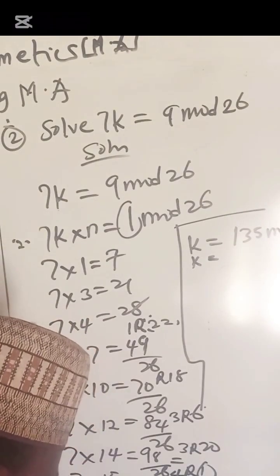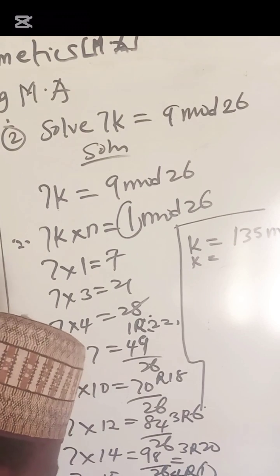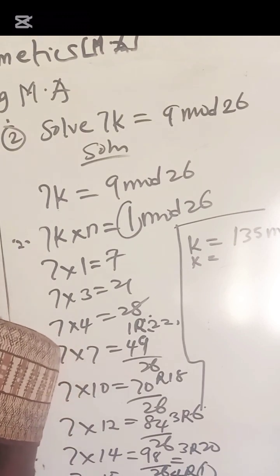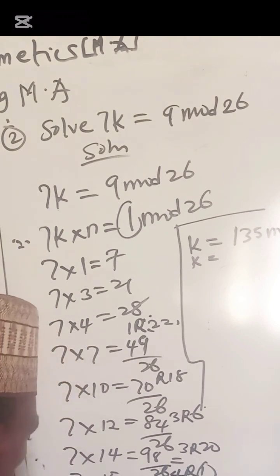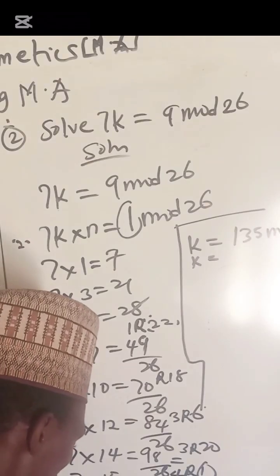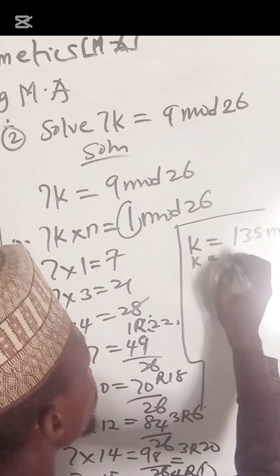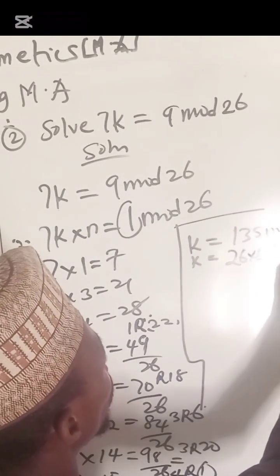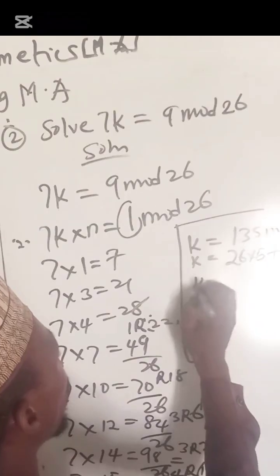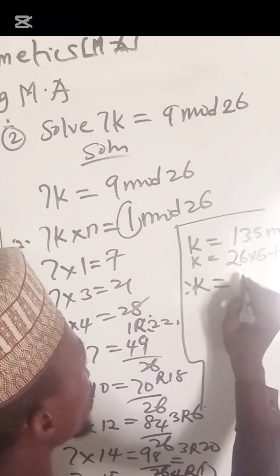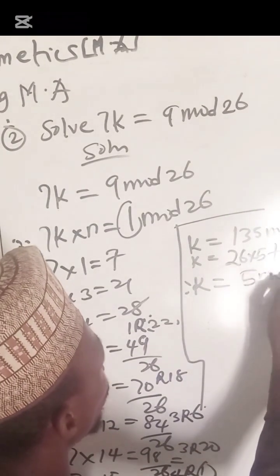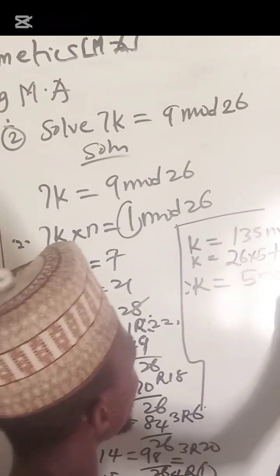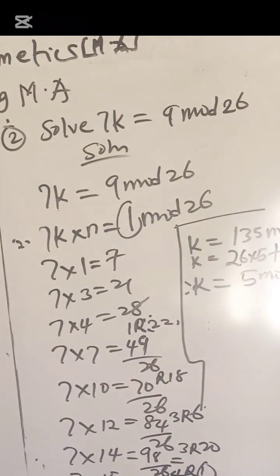Now 135 divided by 26 is 5. 26 times 5 is 130. So you have 26 times 5 plus 5 mod 26. Therefore, k equals 5 mod 26. Now, let's check.